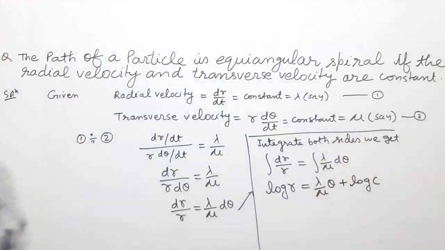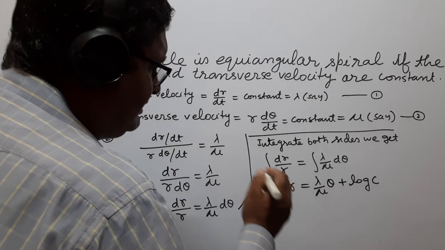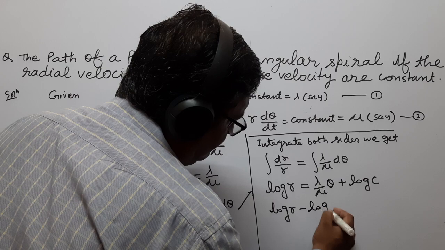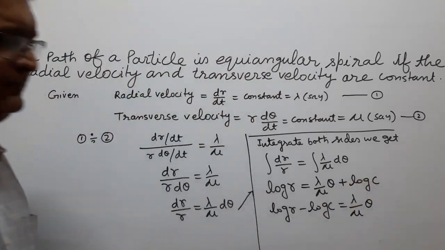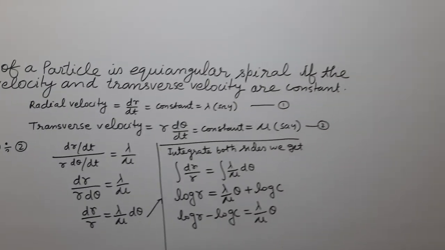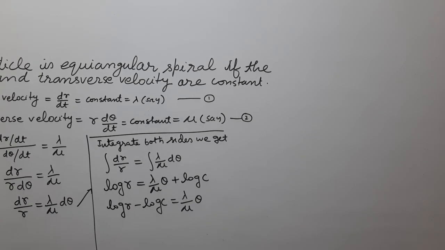Log c is the integration constant. We transfer this log c to the left hand side, so we get log r minus log c is equal to lambda upon mu theta.